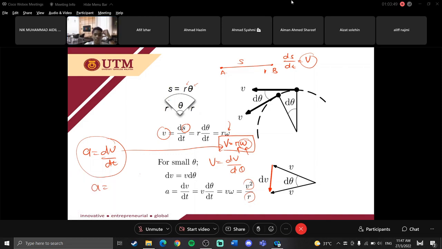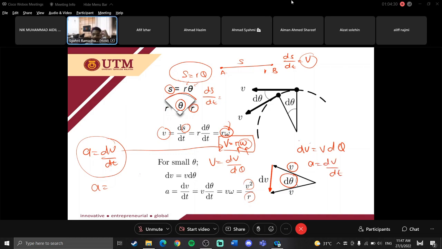You can refer to this: to get this, s equal to r times theta, then you differentiate ds with respect to dt and you get r omega. For this case we have v and d theta, so dv is equal to v d theta. Then we know that a is equal to dv over dt.